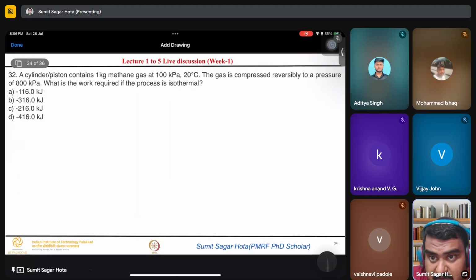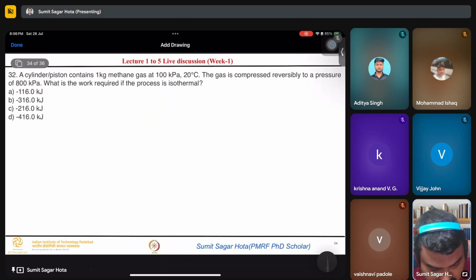A cylinder piston contains 1 kg methane gas at 100 kilopascal at 20 degrees Celsius. The gas is compressed reversibly to a pressure of 800 kilopascal. What is the work required if the process is isothermal?